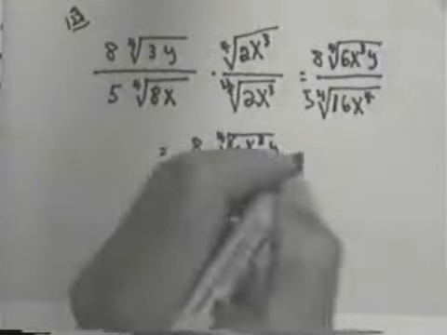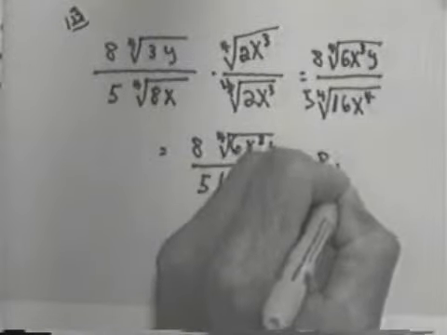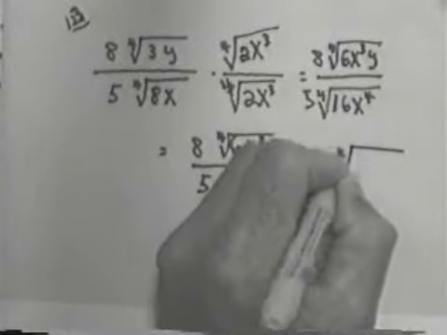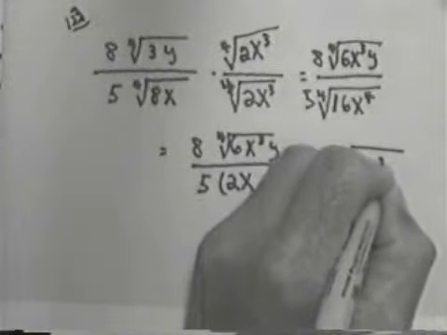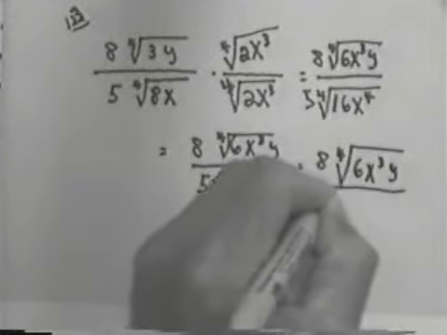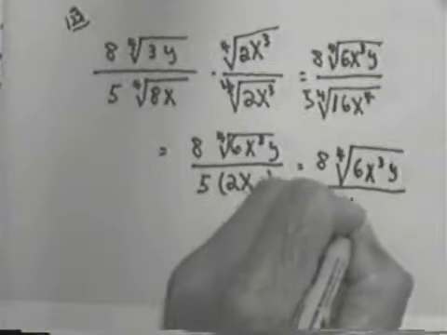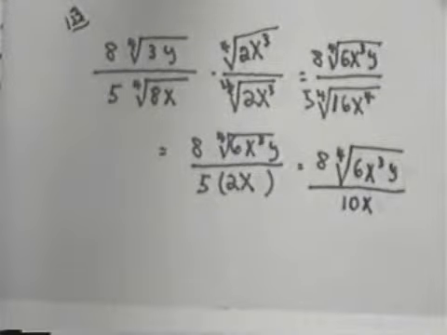So that would be 8 times the 4th root of 6x cubed y divided by 10x.